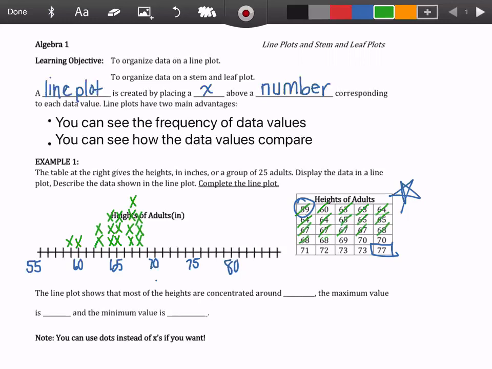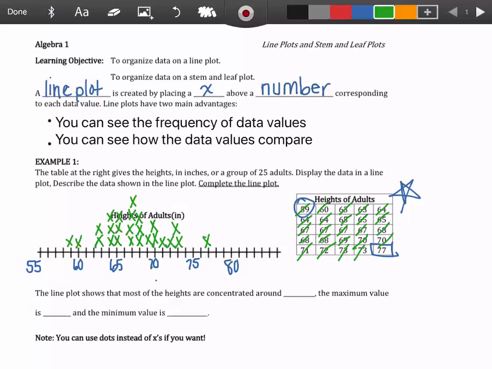So 68, 69, there's only 1 of them, so we only need 1 X. 70, there's 2 of them, so you could put 1 X, cross it out, and then put another X, cross it out. 71, there's 1 of them. 72, only 1. 73, there's 2 of them, so we need 2 X's. And then there's nothing until 77. So 75, 76, 77. There's 1 X at 77.